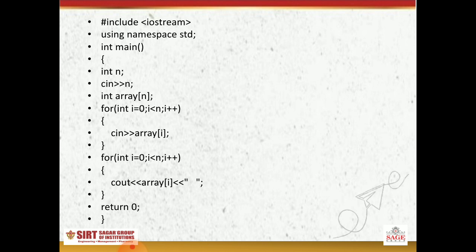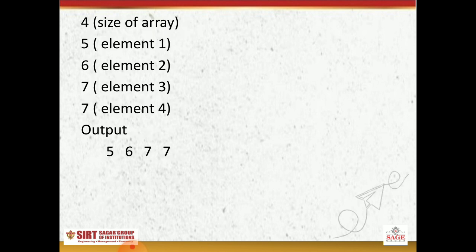So what is the output of that program? Now in the output screen, firstly it asks the size of the array, then we enter suppose 4, and after that we give the 4 elements like 5, 6, 7, 7.